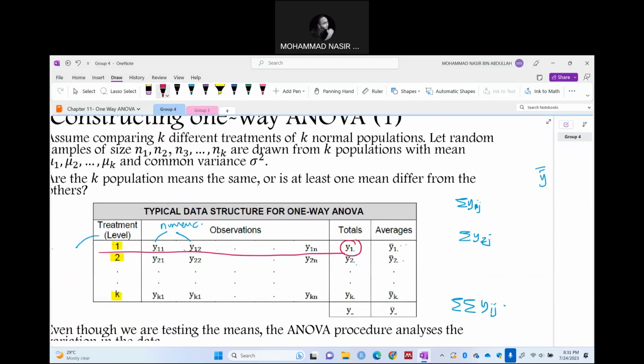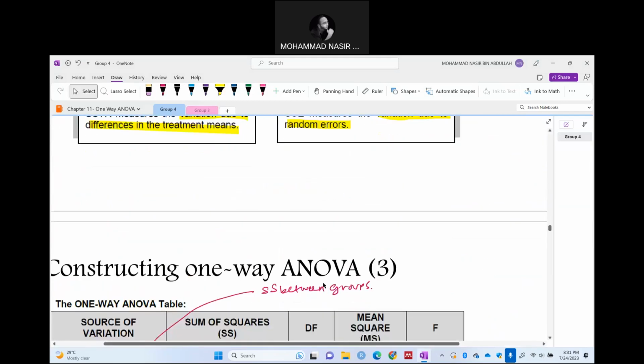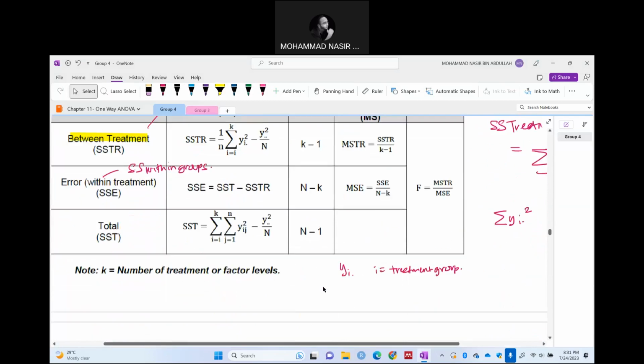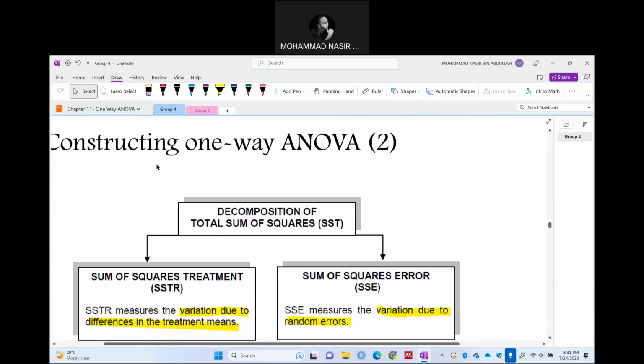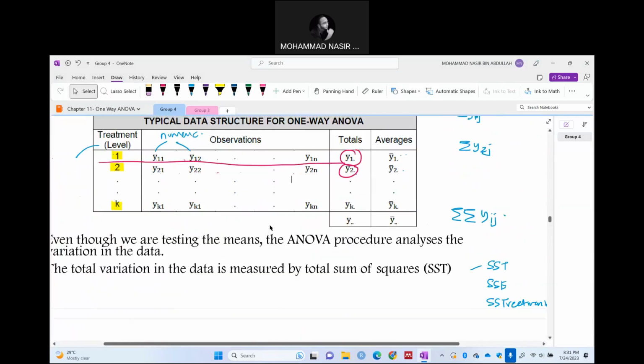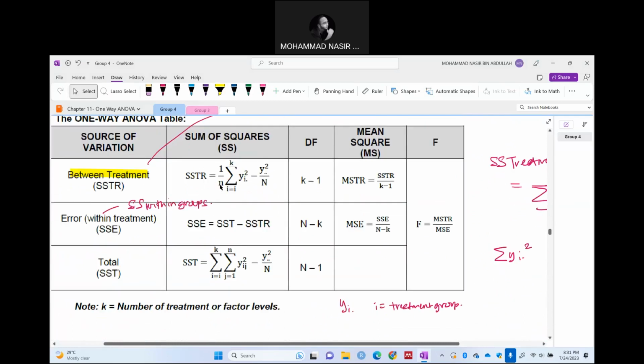This is the total of the observations for treatment number 2. Can you understand? So the summation of yi dot, you need to add everything, divided by the number of treatments. Let's say you have 3 treatments, so you divide by 3.